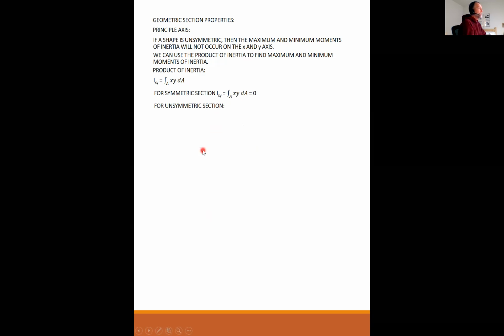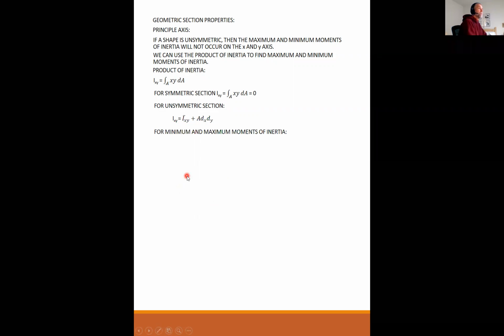For an unsymmetric section, however, it is not equal to 0. It is equal to the product of inertia Ixy about its own axes plus A times dx dy.